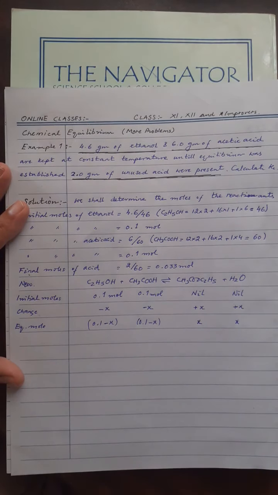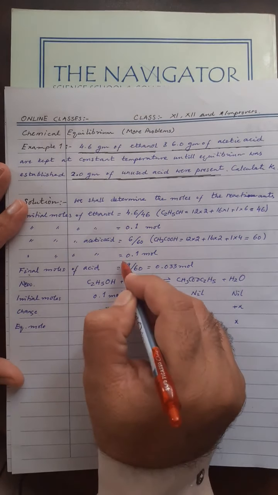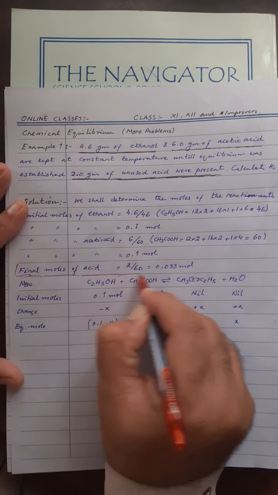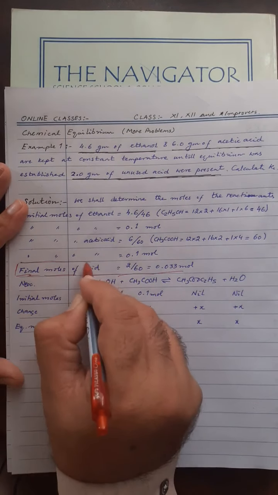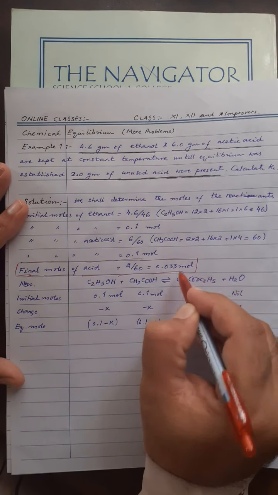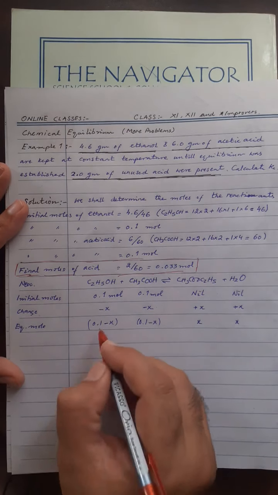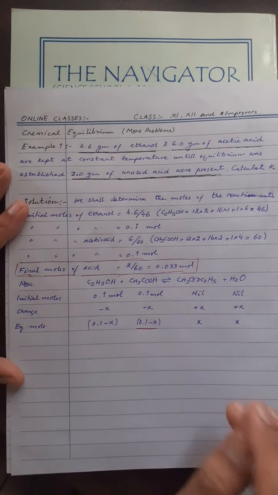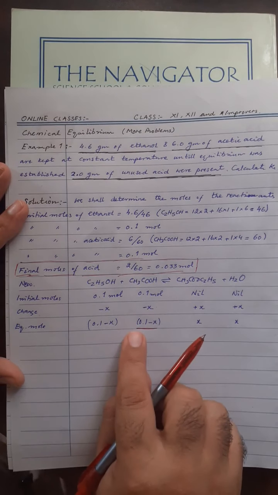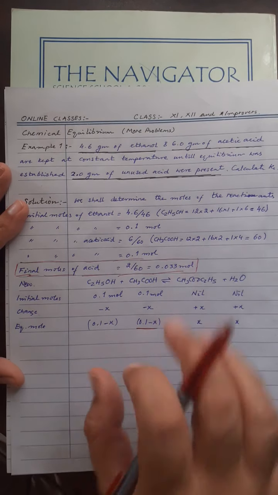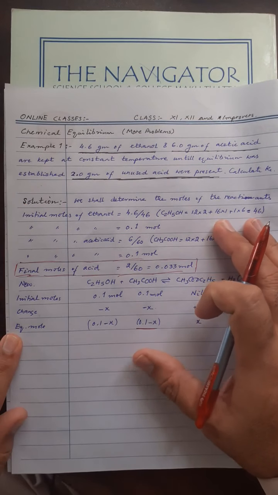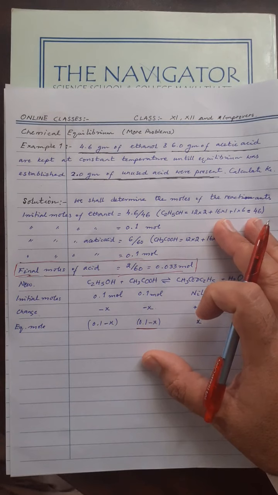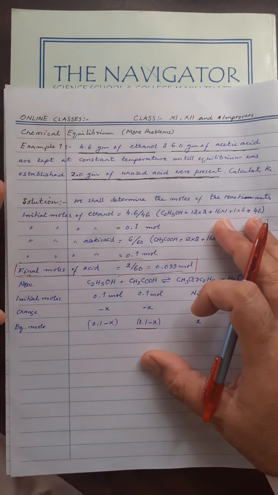Now, if you look at this line, this value, final moles of acid, at this stage we are being told that at equilibrium, this quantity for the acid is this much. Because 0.1 minus x also shows the quantity at equilibrium of acetic acid, and the data also gives us the quantity of acetic acid at equilibrium, which is 0.033.